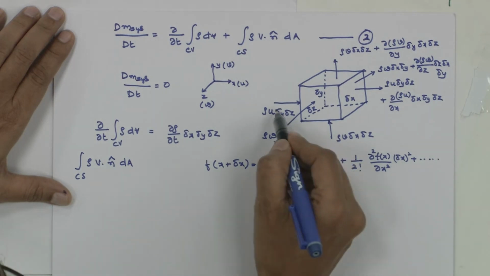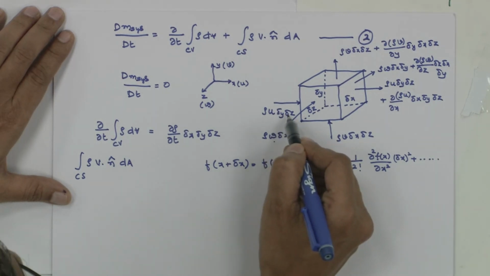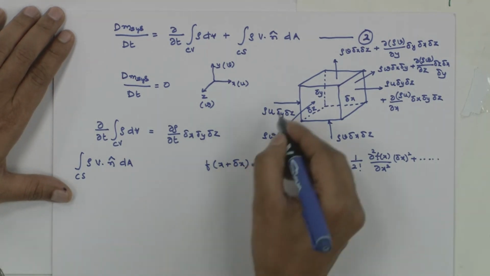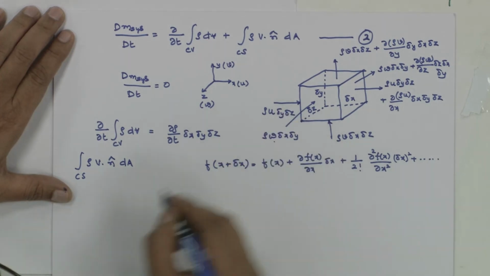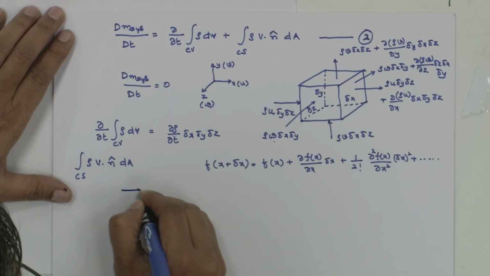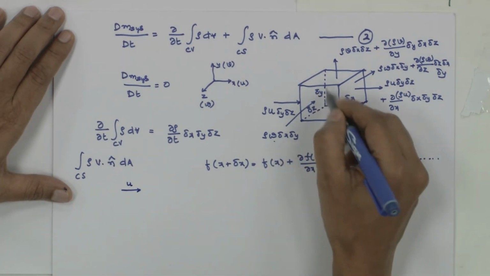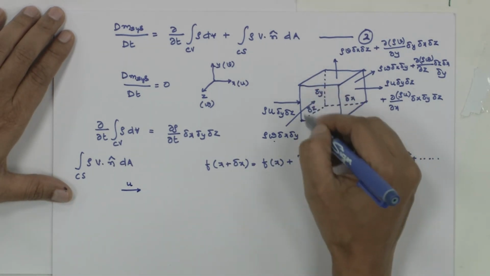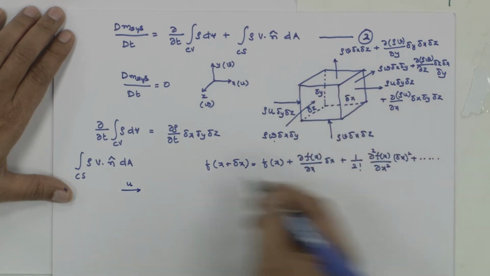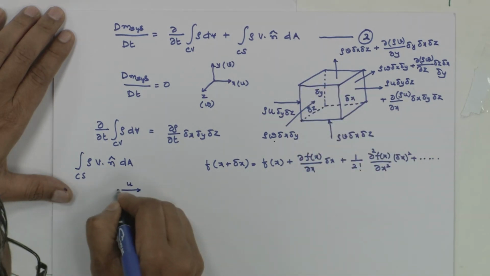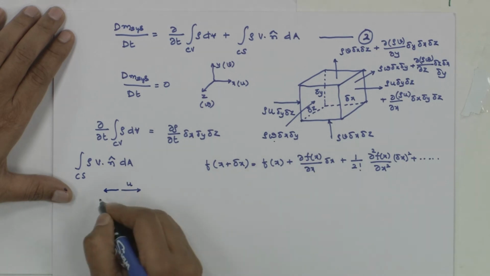Why? For example, let us just take rho u delta y delta z. What is the velocity direction of u? It is from left to right, u, correct. But what is the outward normal vector to this plane? It would be from right to left.